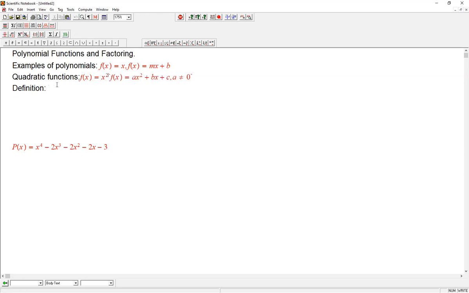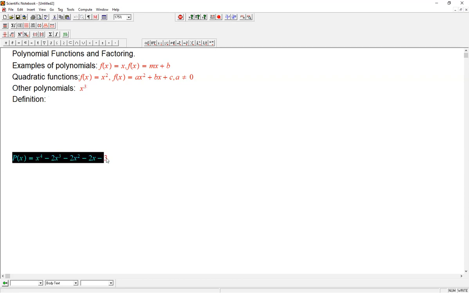And cubic polynomial, right? Other polynomials, such as x raised to the power 3, or power 4, etc.